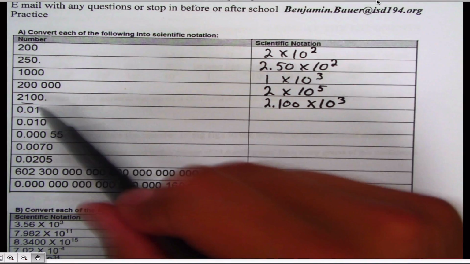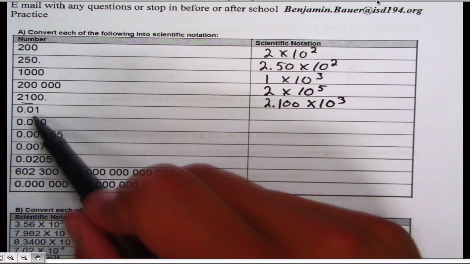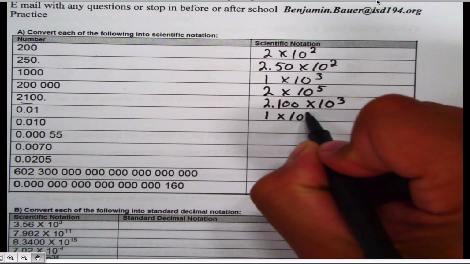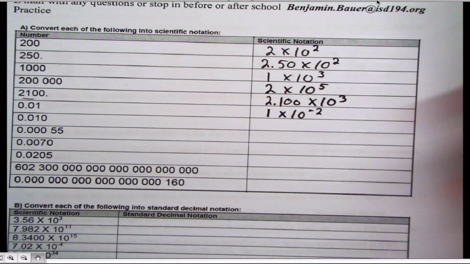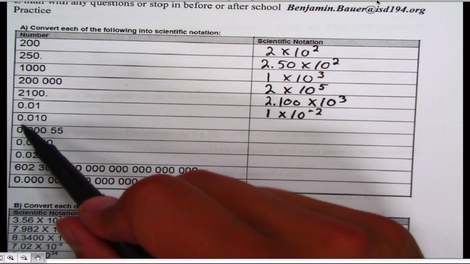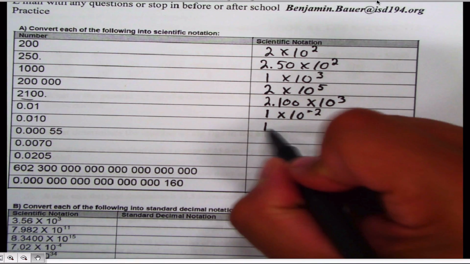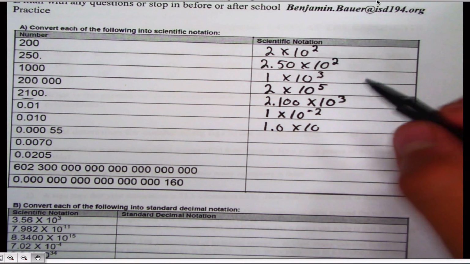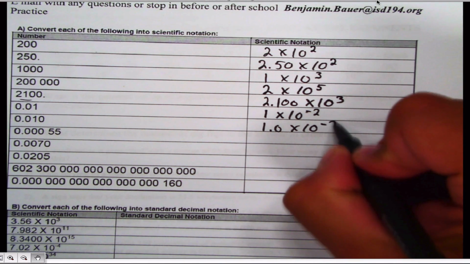Now these are all positive, big numbers. Now we're going to negative ones. 0.01 would be only 1 significant figure, times 10 to the negative 2. Okay, 2 significant figures here. End zeros count. 1.0 times 10 to the negative 2.